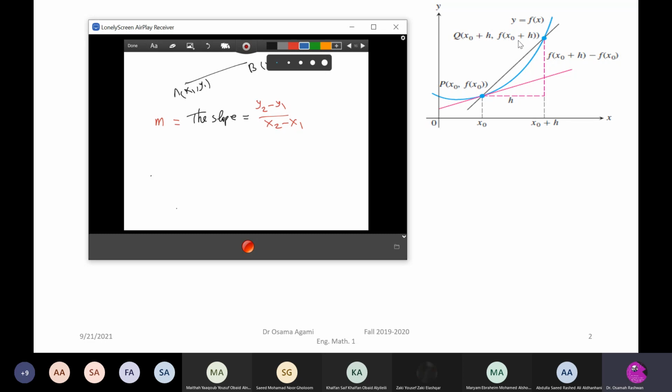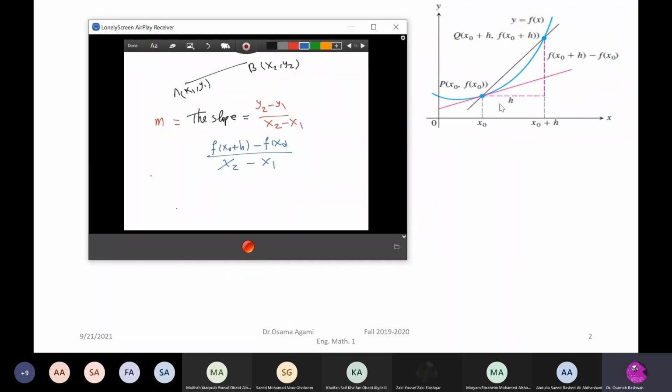Here is the y2, f of x0 plus h, minus what is y1? Y1 is here, it's f of x0, over x2 minus x1. Yes, this is the slope of the line linking these two points.